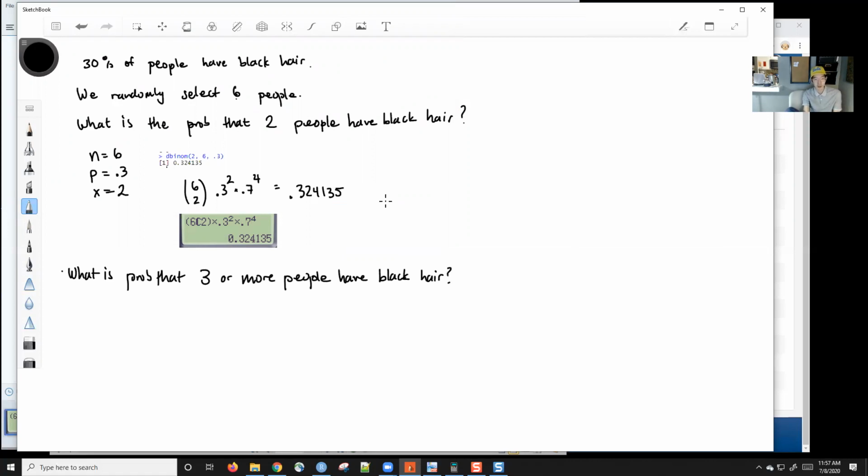Okay, so we're randomly selecting 6 people. What's the probability that 3 or more people have black hair, right? Okay, so let me just write out the possible outcomes. We can have 0, 1, 2, 3, 4, 5, or 6 people with black hair.